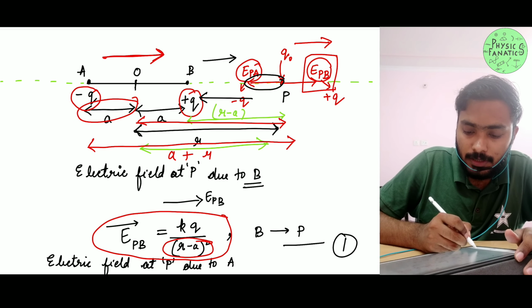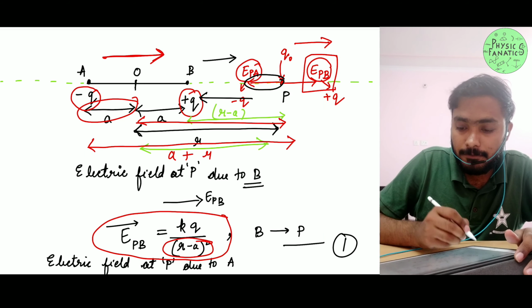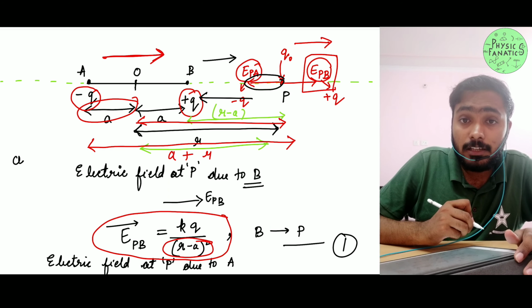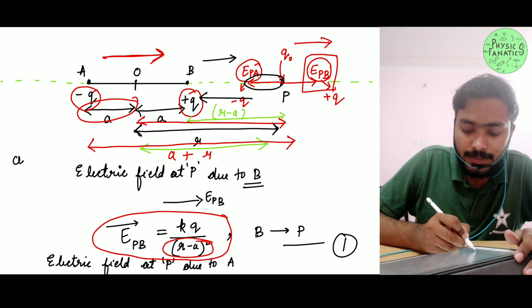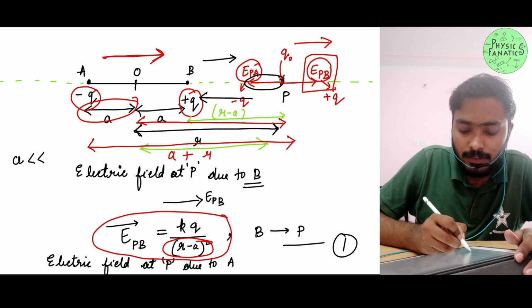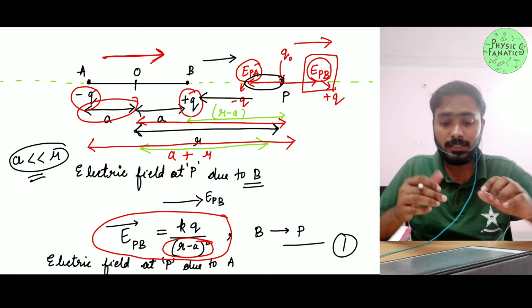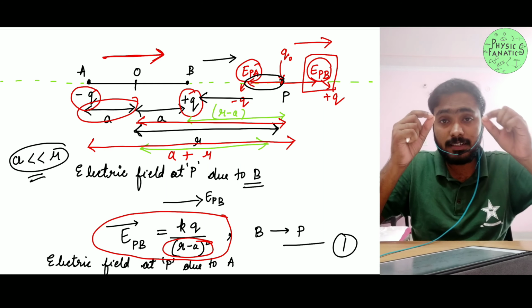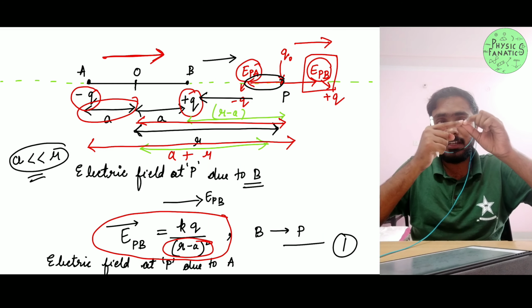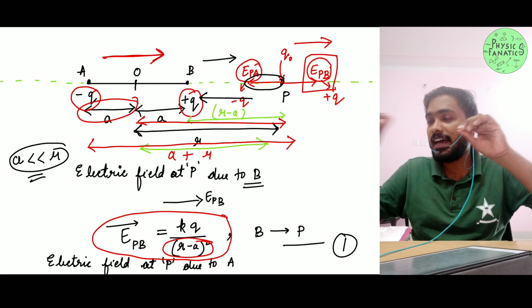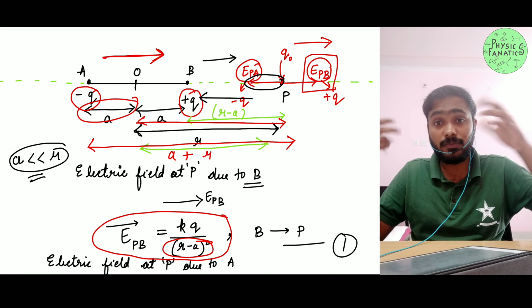Let's say the value of a is much less than the value of r. That means your dipole is very short, that is, the distance between your minus Q and plus Q is very small, then I can say the axis distance, the r distance, is very large.